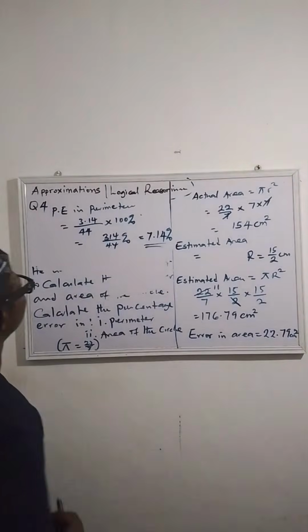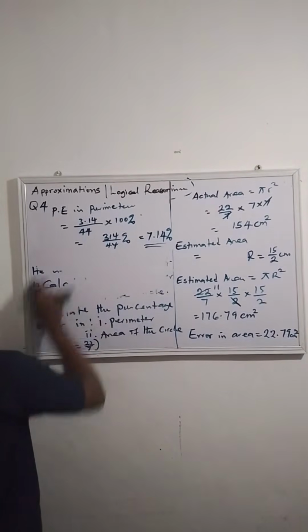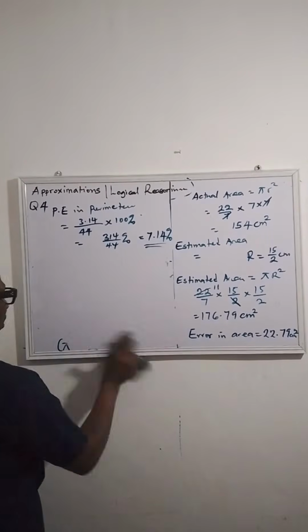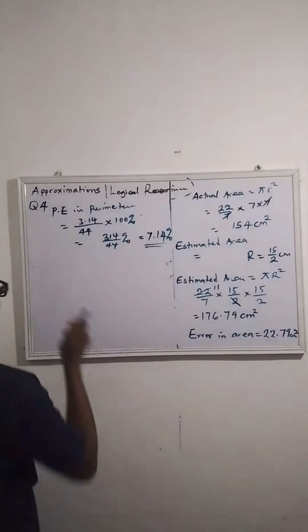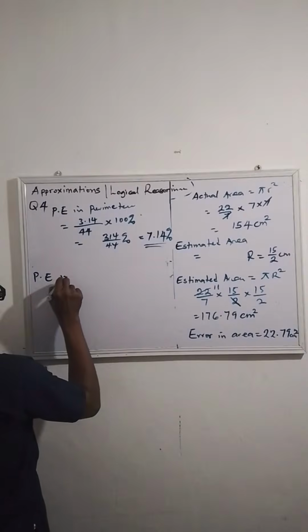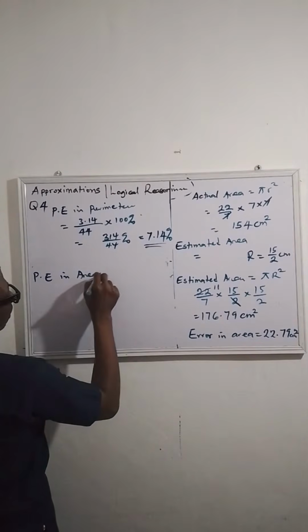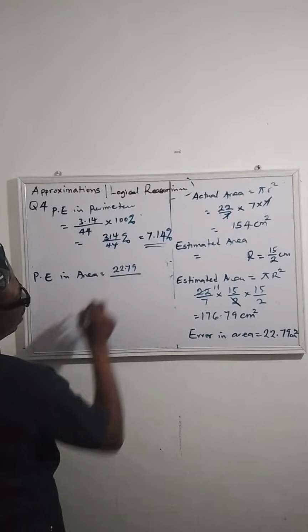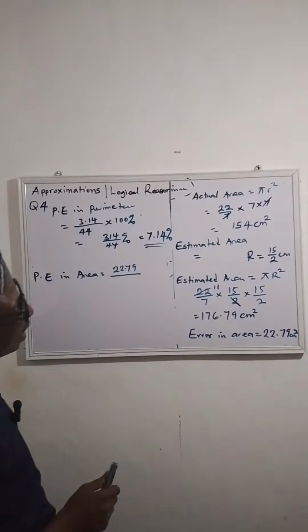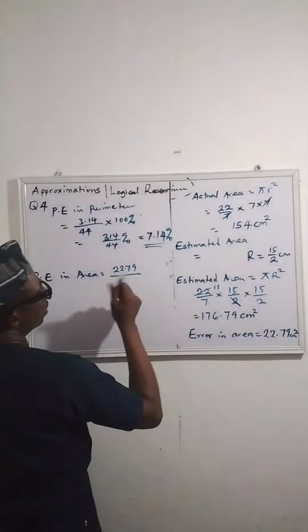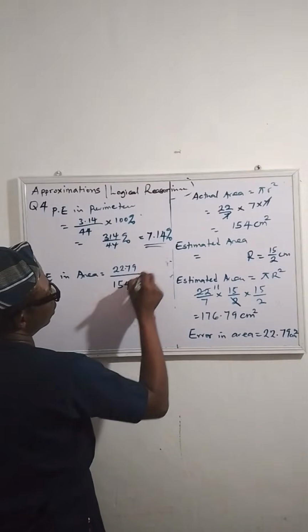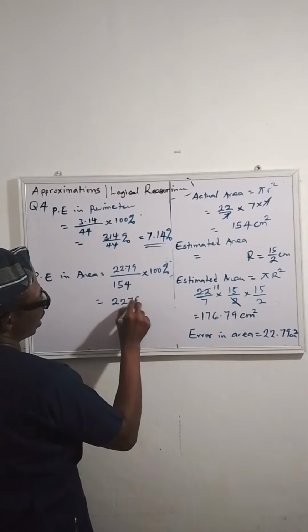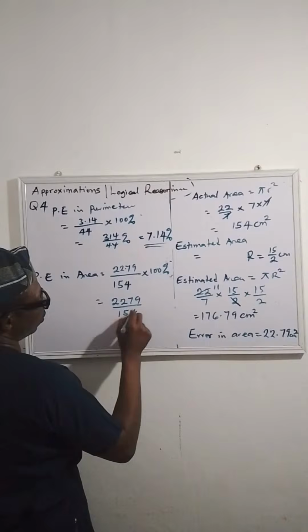So now we can calculate the percentage error in area. So percentage error in area will be error, 22.79, over the actual area. What is the actual area? So we have it, 154, times 100%. Okay, so that's the same thing as 2279 over 154%.